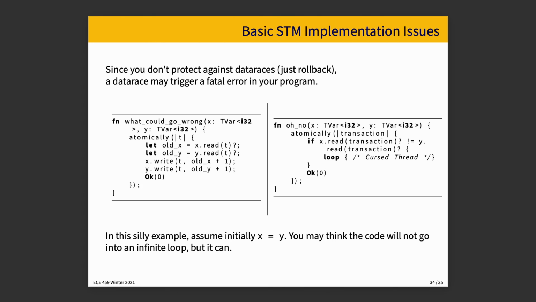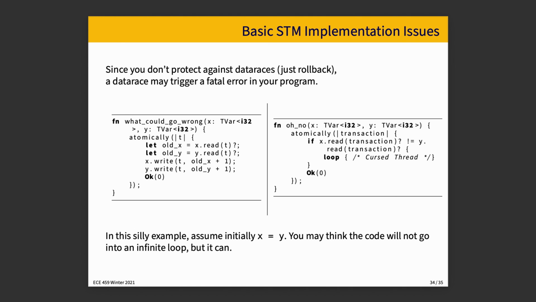So on the right side, we are in this transaction reading if x is the same as y, then everything is fine. Otherwise, we enter into, say, an infinite loop, and I've just written cursed thread here to show how things are. So this example, if initially x and y are the same value, will be okay.